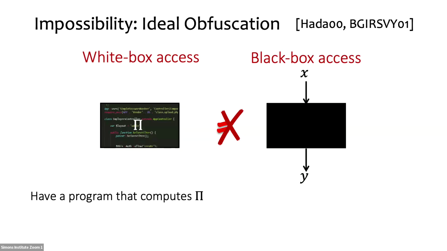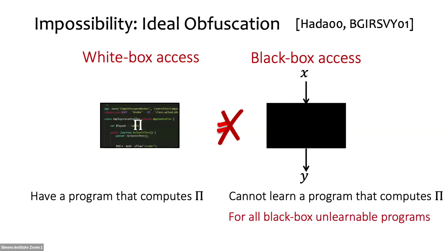This is what we hope for, but in the left-hand side, with access to the FAST program, no matter how unintelligible it is, after all, the attacker has a program that computes the function pi. However, on the right-hand side, with only black box access, for many programs that are hard to learn from the black box access alone, the attacker does not have such a program that computes pi. Therefore, these two worlds are fundamentally not the same.